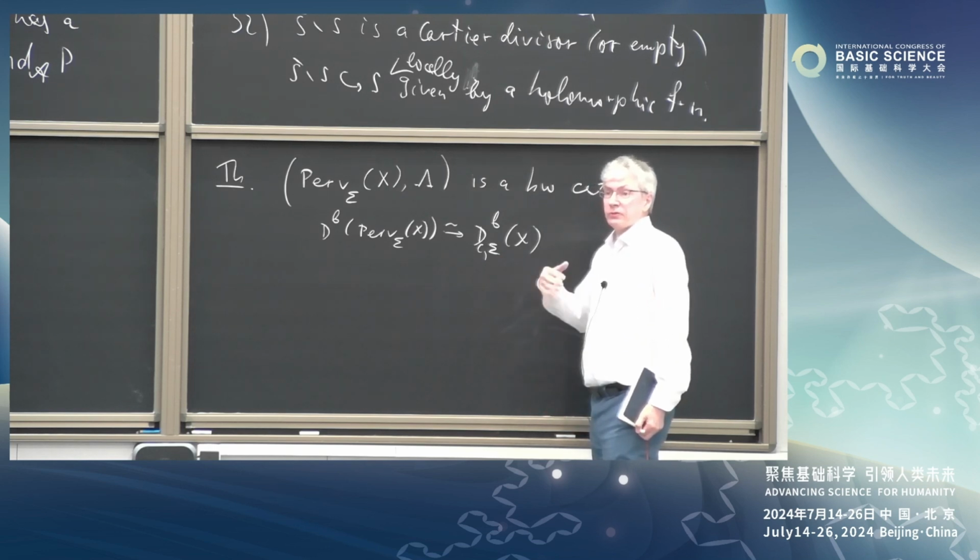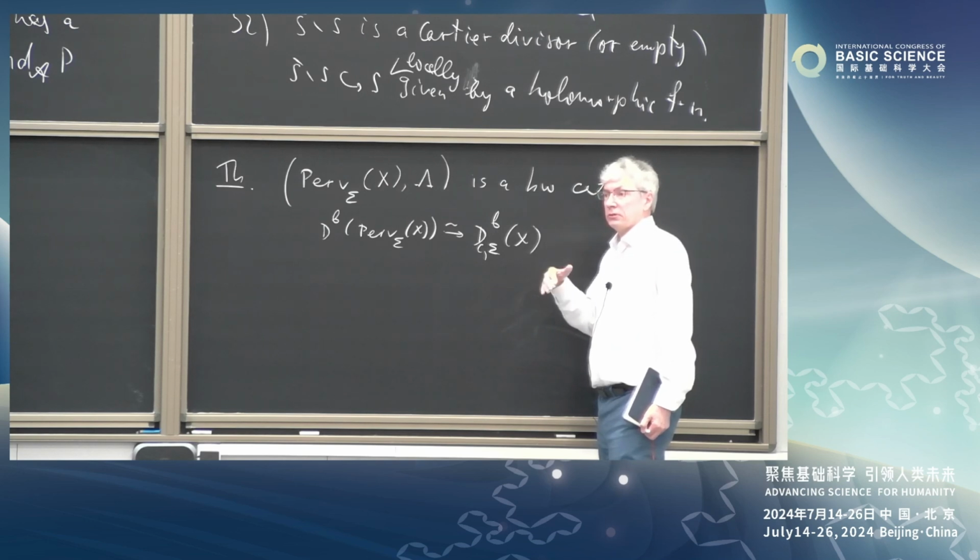A constructible sheaf with respect to a given stratification is a sheaf of finite-dimensional vector spaces such that if you restrict to any stratum, it is a locally constant sheaf.